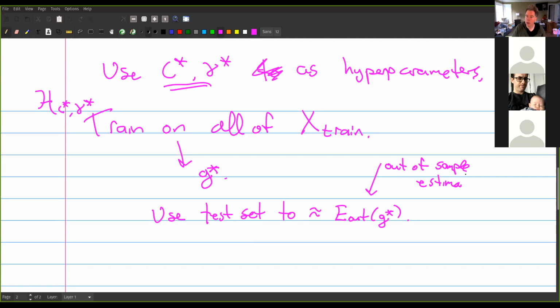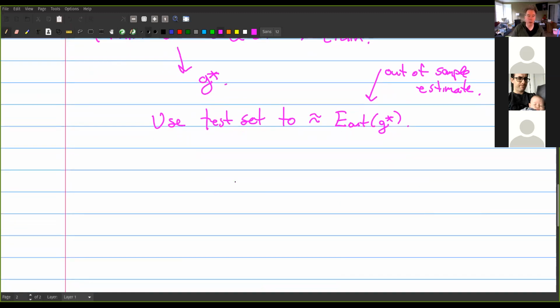If you were doing this in a real production environment, meaning if this were your job, what you would do now is take this to your boss. You say, I have a model and this is how well my model does.